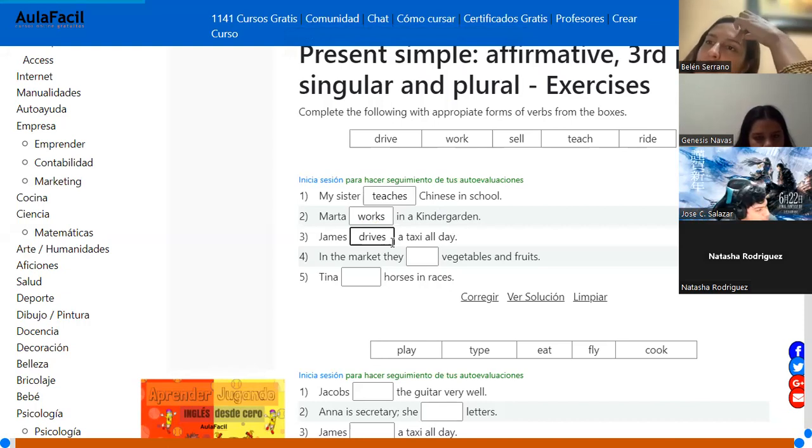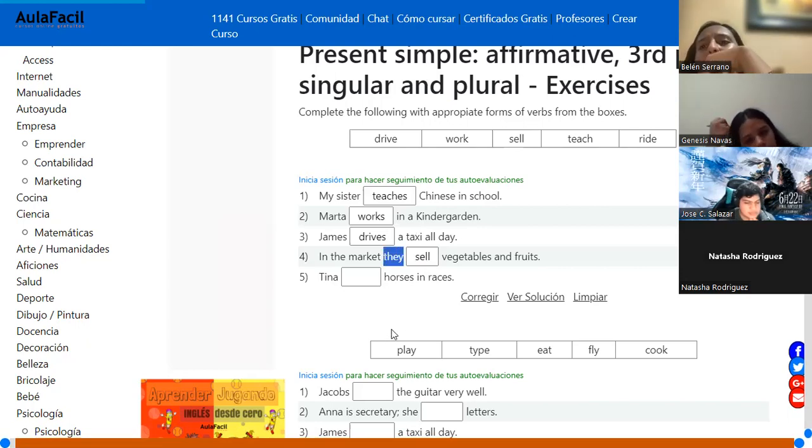Drives. Number 4, in the market, they sell vegetables and fruits. Do I have to add S or ES? Are you sure? Tengo el pronombre they. ¿Agrego o no agrego ese?